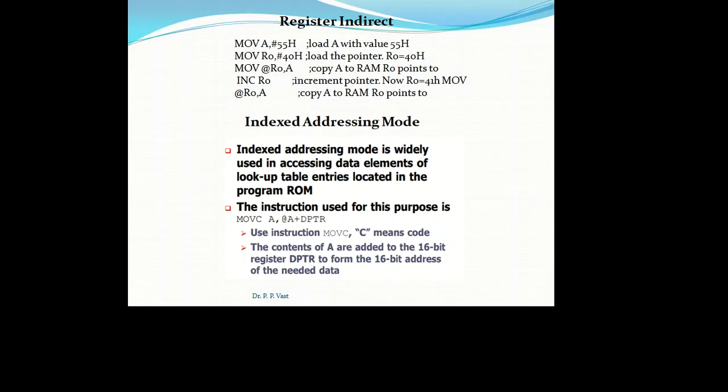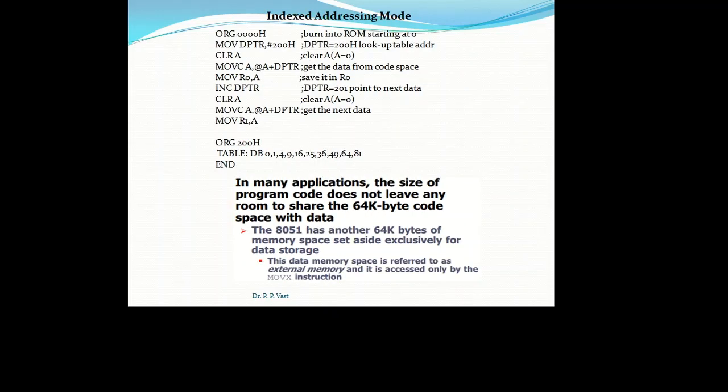So we can see here a simple program which uses the indexed addressing mode. ORG 000H is the starting location of the ROM. Then MOV DPTR, #200H. Here we have initialized the DPTR, the data pointer, with the memory address 200H, a location in read only memory.